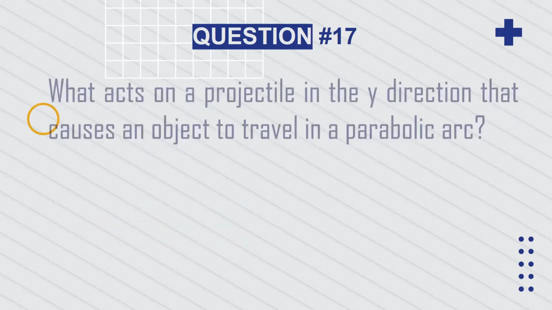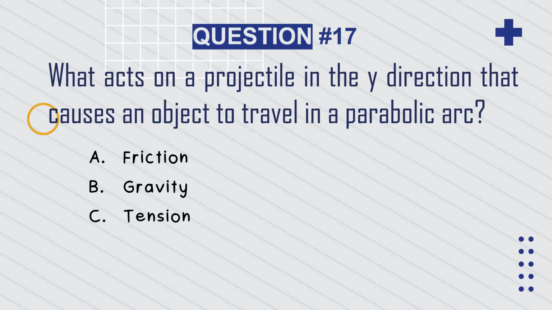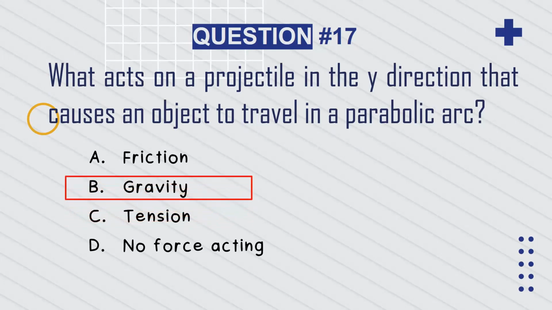What acts on a projectile in the y direction that causes an object to travel in a parabolic arc? Is it A, friction, B, gravity, C, tension, or D, no force acting? The correct answer is letter B, gravity.